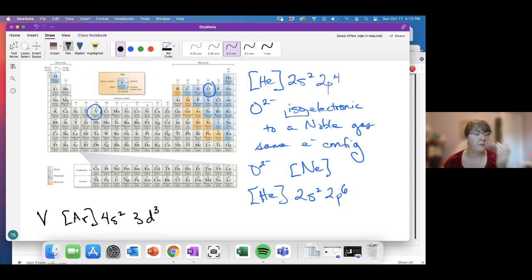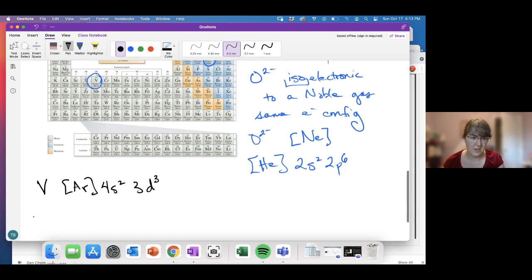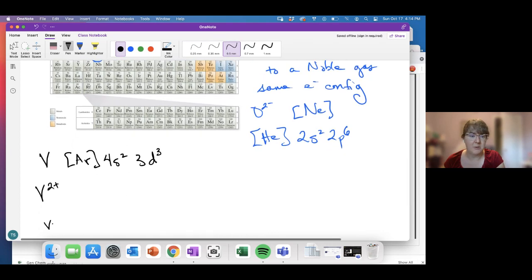The next thing we usually do for ions is with metals, these should be cations. So if I had something like vanadium 2+, now I have to decide where my electrons are going to come from. I should be removing valence electrons, and these should be the highest value of n.